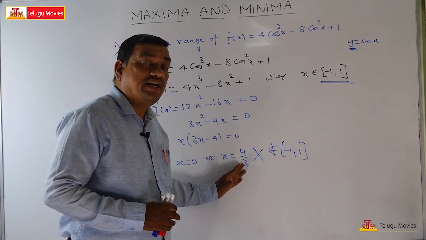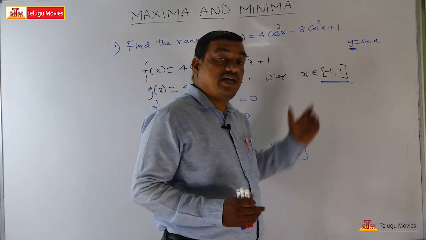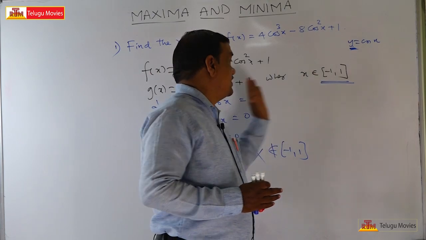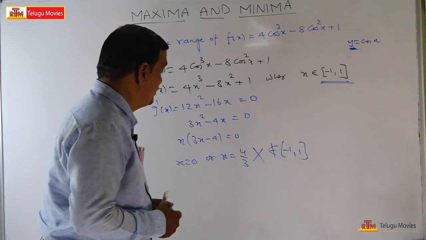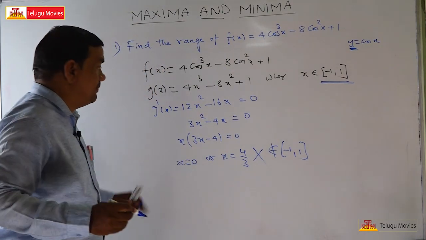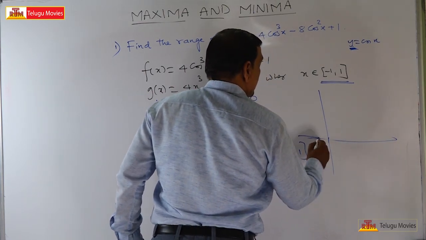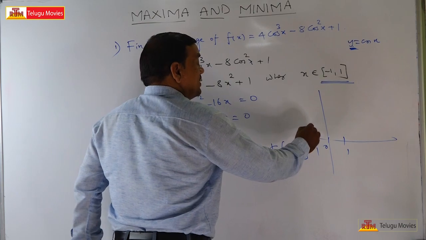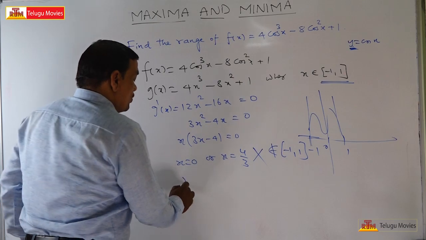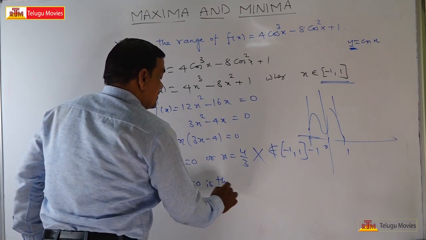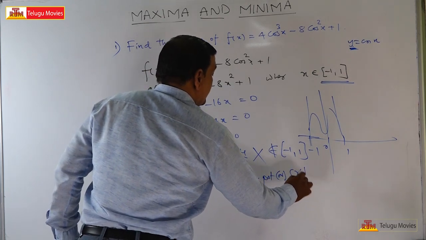That may be a point of global maximum or global minimum, but our interest is to check the range of this function g of x in the closed interval minus 1 to 1. At x is equal to 0, if you draw the graph, this is x is equal to 0, and here minus 1 and plus 1. x is equal to 0 is a stationary point, or we can call it a critical point.